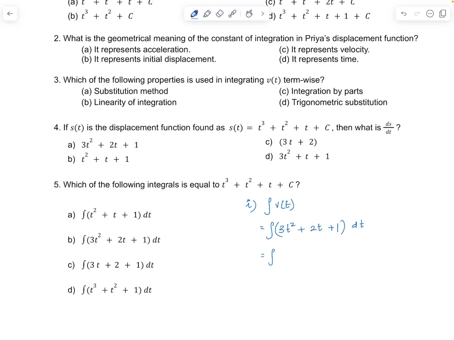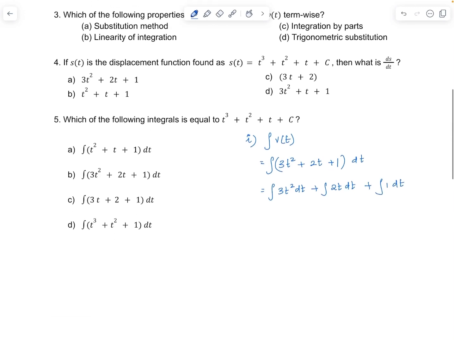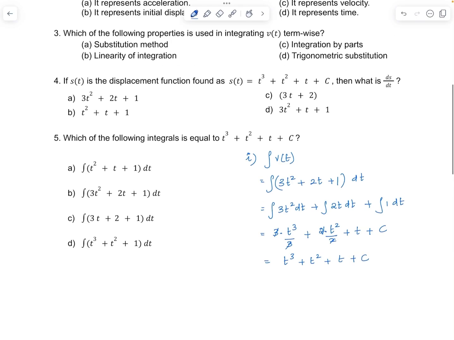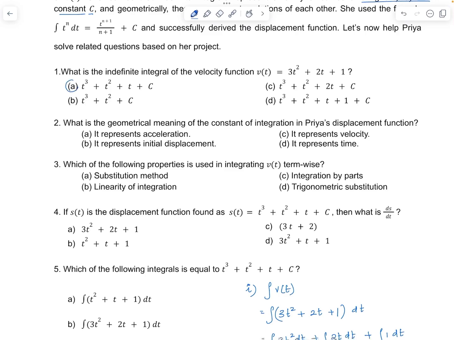This can be written as integral 3t square dt plus integral 2t dt plus integral 1 dt, which is 3t cube by 3 plus 2t square by 2 plus t plus c. On simplifying, we get t cube plus t square plus t plus c. So the answer is option A.